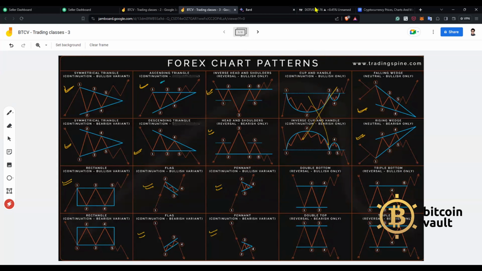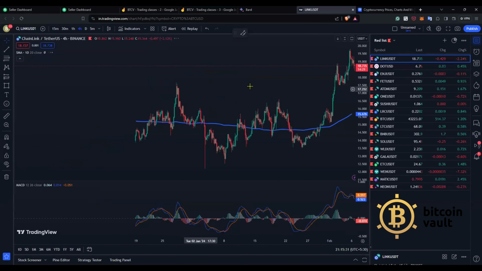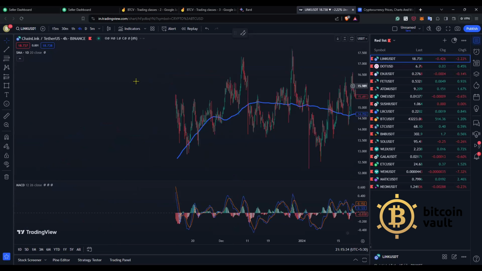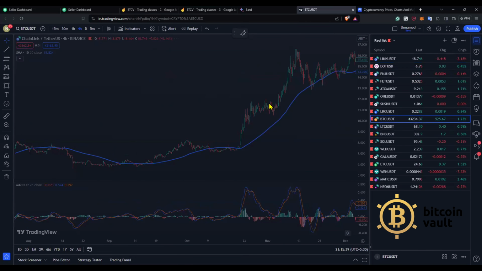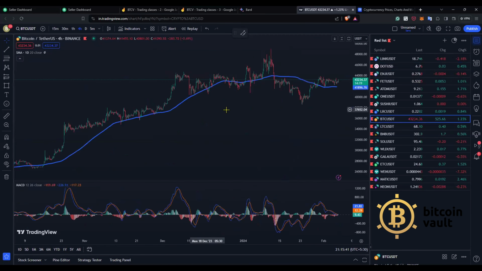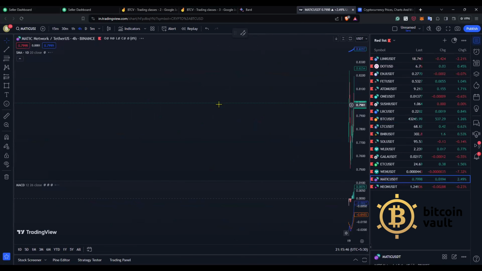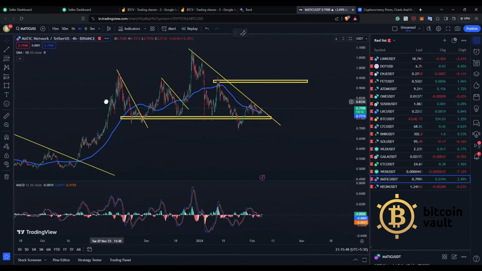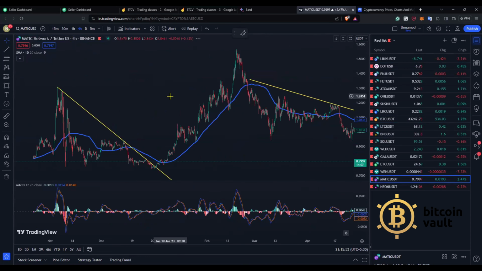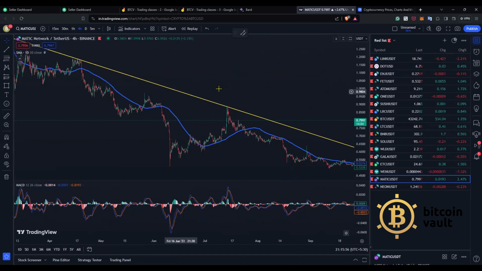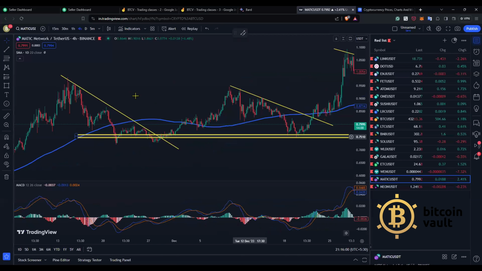Okay. Let's try to find an example of it if we can. Let's see if we can find an example or not. This can be an example.